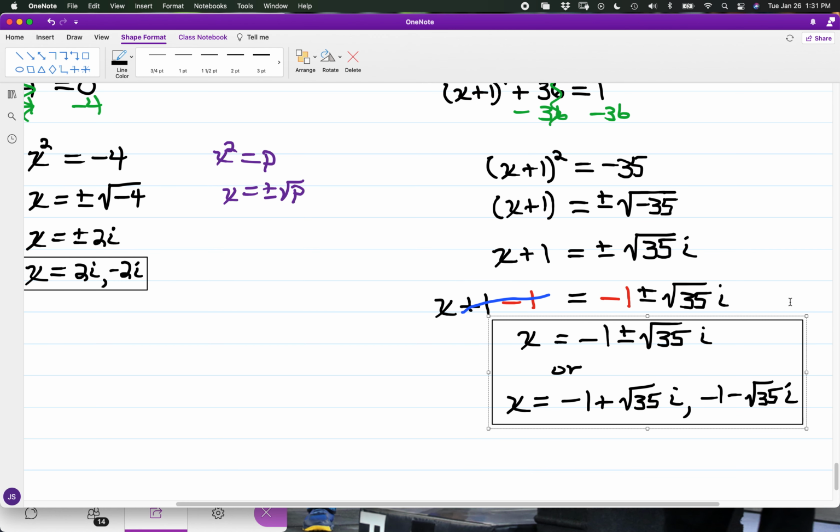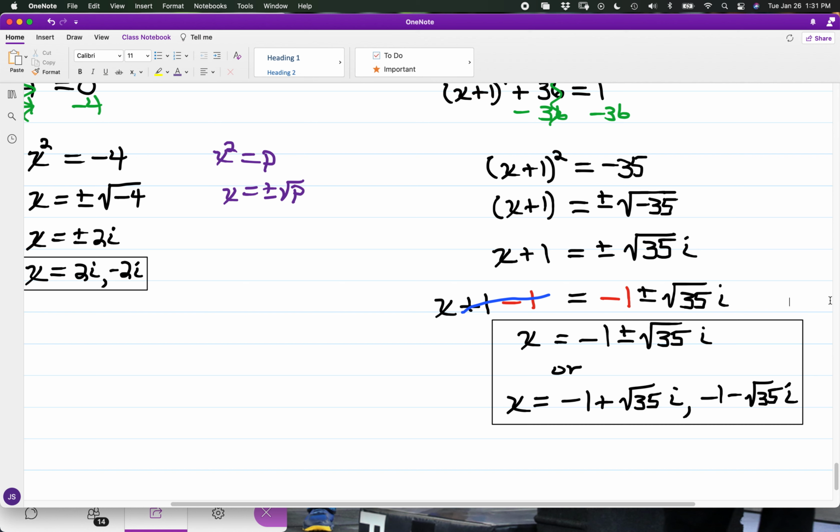And except for the letter i involved, much of the methodology when we looked at the square root property of equality is very much reproduced.